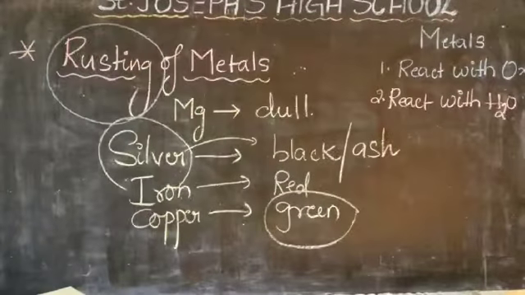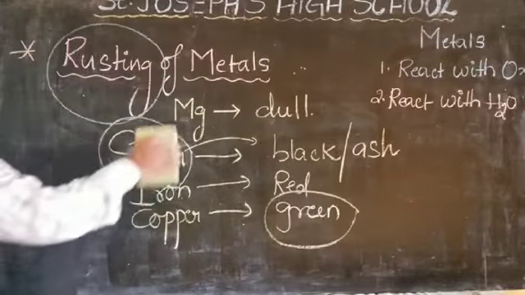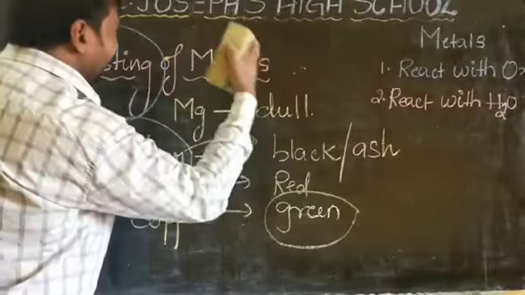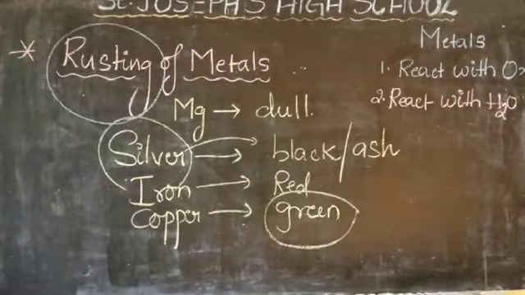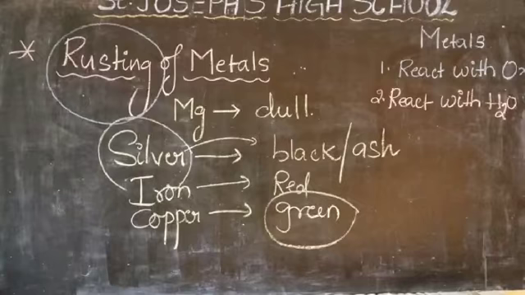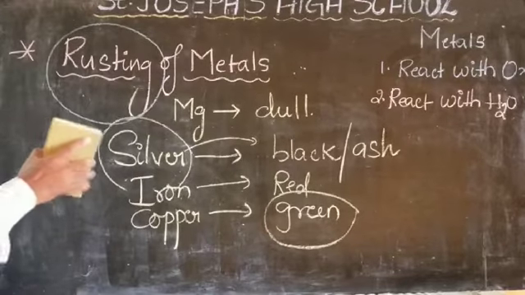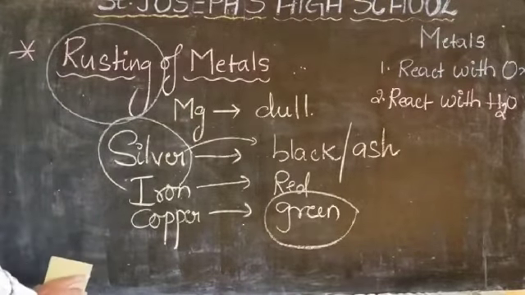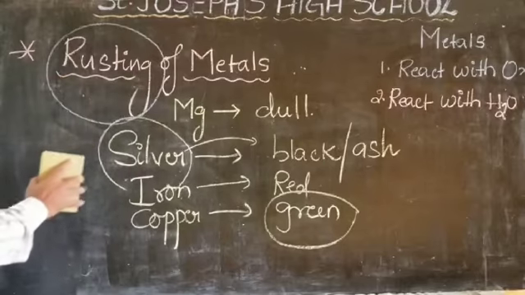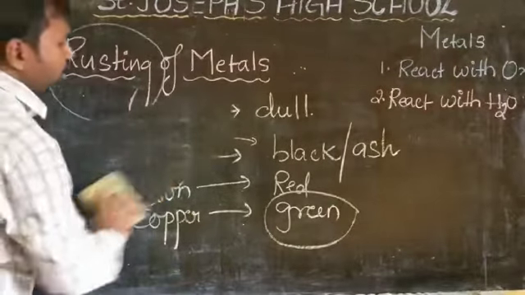The green layer is the rusting. Like this, metals will undergo rust. For rust, what are the two necessary important things? One is oxygen contact as well as moisture. Both are necessary.